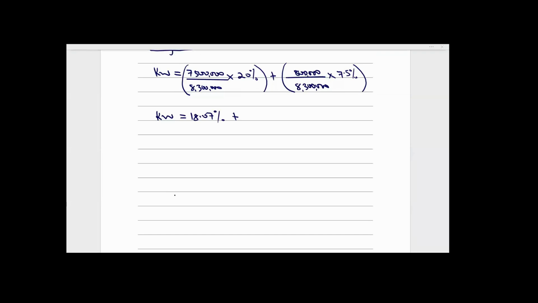Here is 0.72%. So add the two together. This will give us 18.79%. 18.79% means the WACC is approximately 19%.